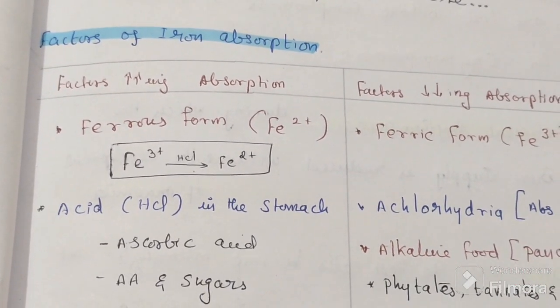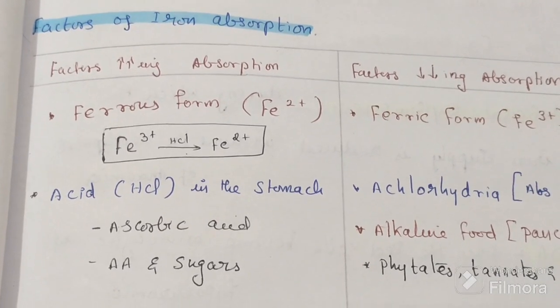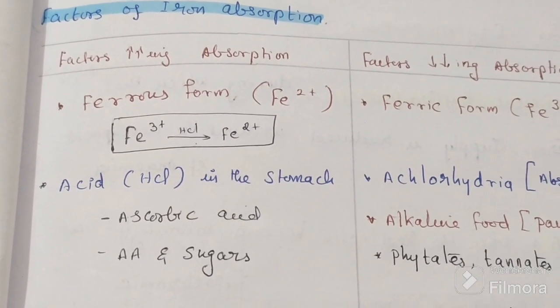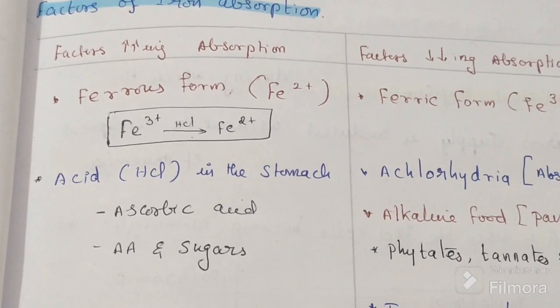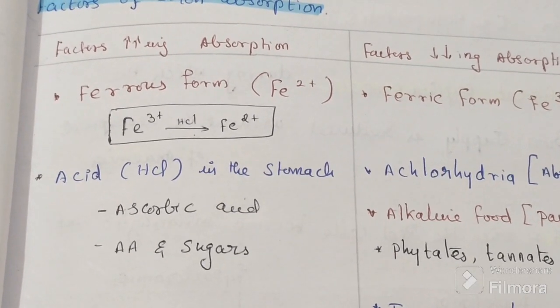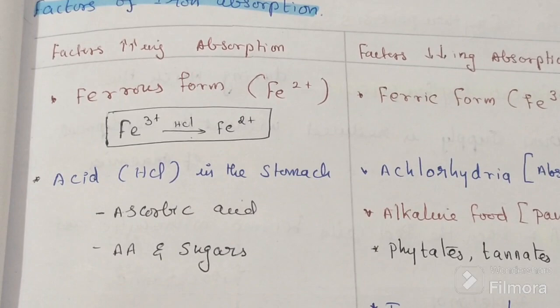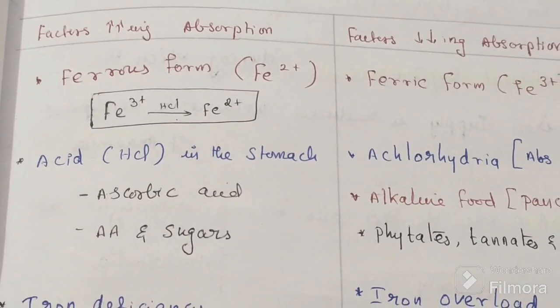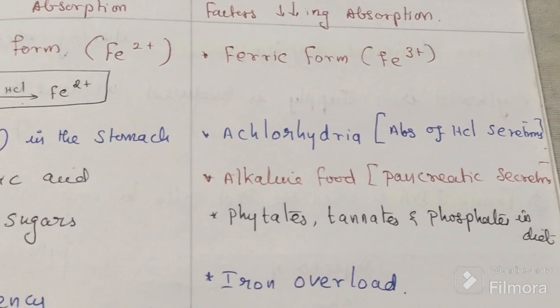Then acid, HCl in the stomach, and citrus fruits like lemon containing ascorbic acid, amino acids, and sugar convert ferric to ferrous, so they increase absorption.